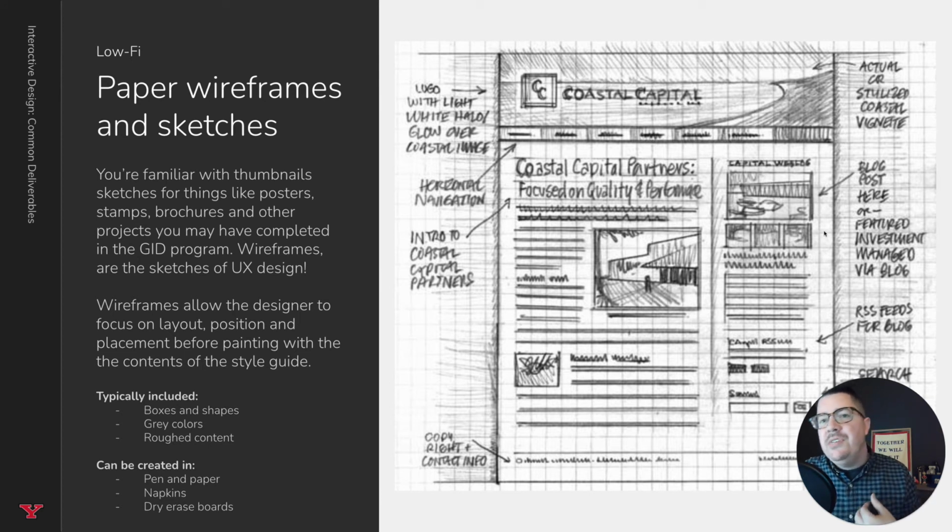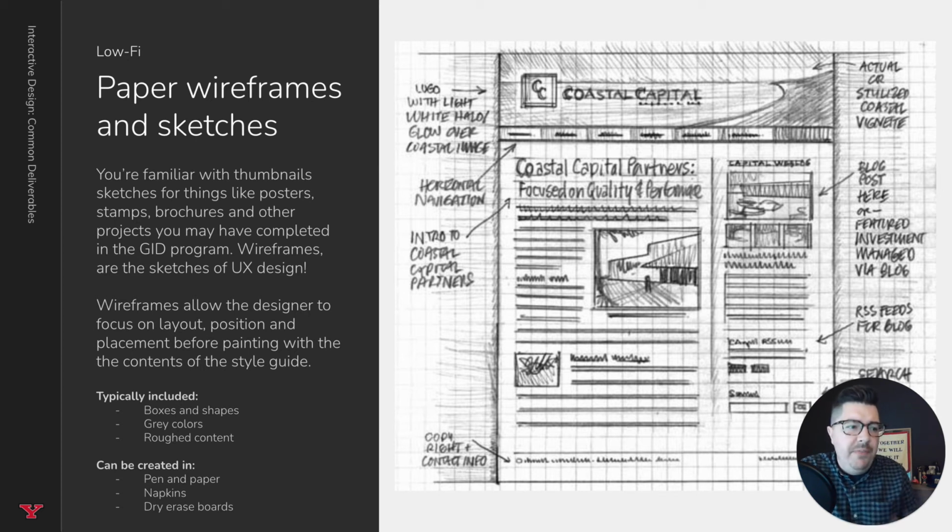Here we see what looks like an example of a picture or maybe some thumbnails, but the designer has said this is a blog post or a featured investment blog that might be promoted here on the site. And so a mixture of low-fidelity, quick sketches with some annotation really helps give an idea of how we might lay out something on the page.